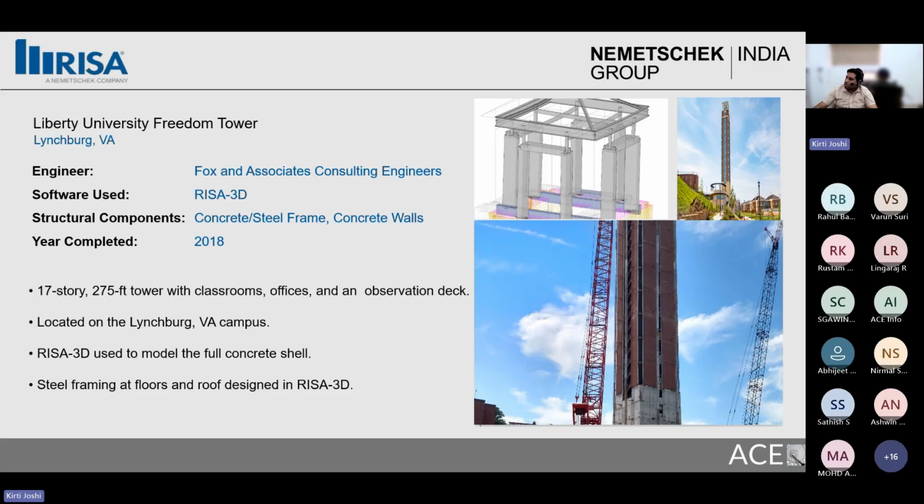RISA 3D was used to model and analyze both materials, which allows engineers to check the lateral behavior, drift, and load transfer within a single environment. So this project shows how RISA 3D handles hybrid materials and complex geometry and can help in the performance check.